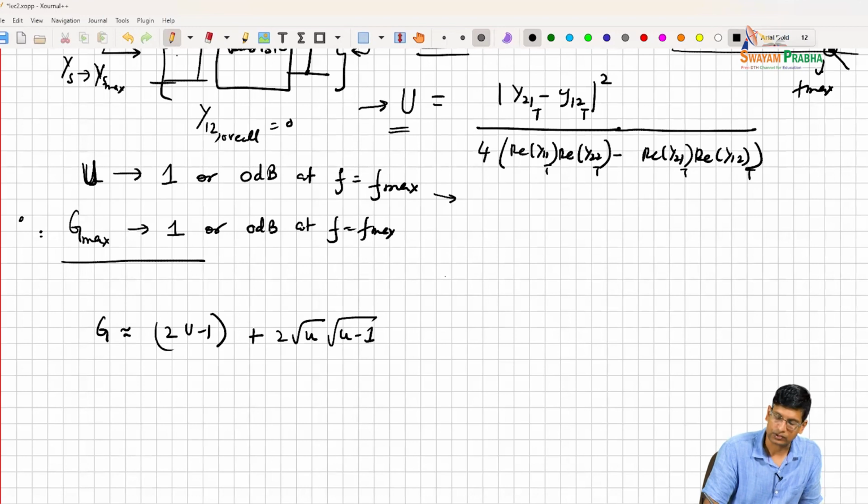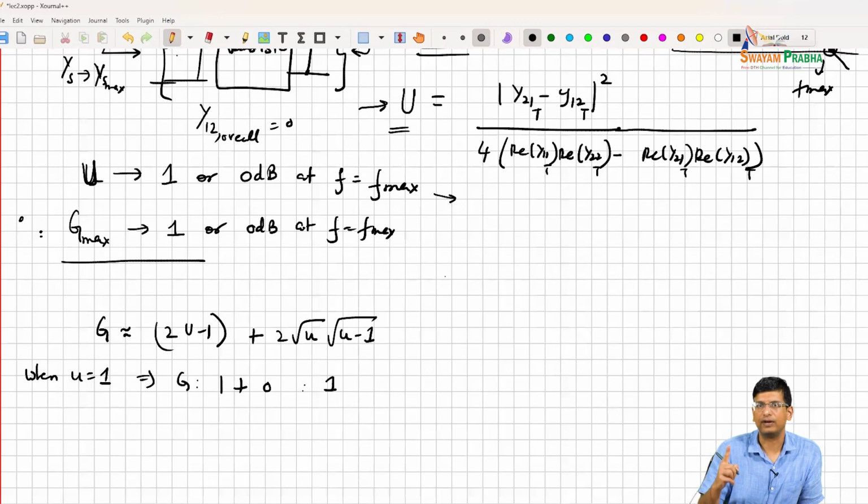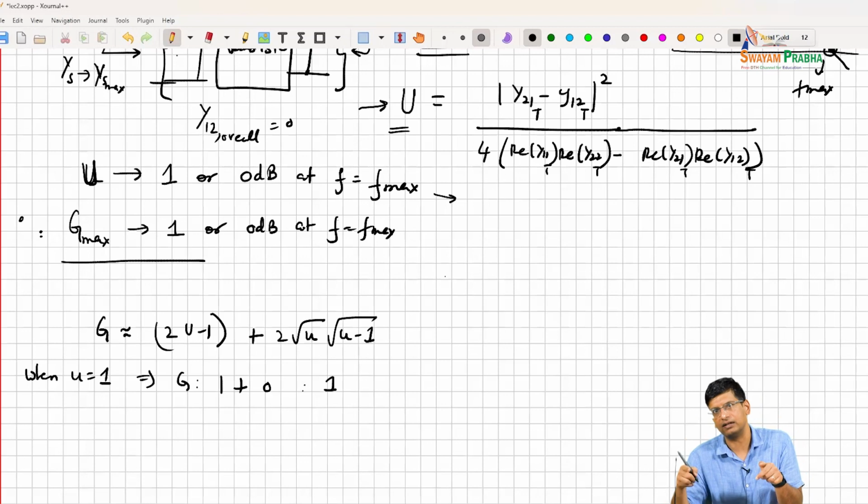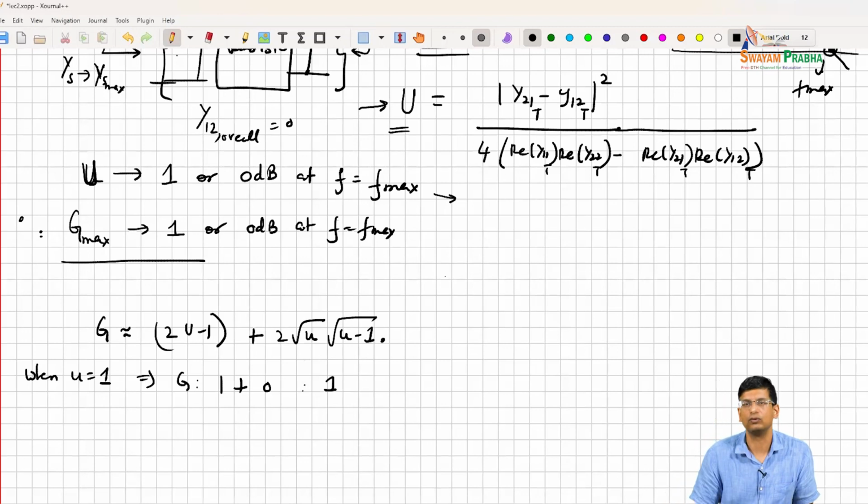So when u is equal to 1, this g again goes to 2 minus 1, 1 plus 0, so this is back to 1. So at the frequency where u is equal to 1, once you put that invariant network, the gain again drops down to 1.